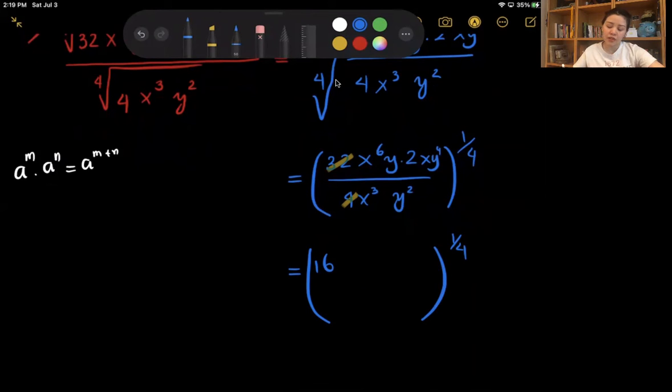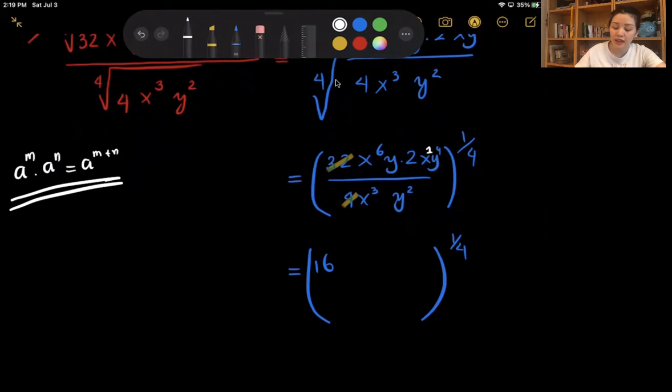And for the exponents, x to the 6 times x to the first, right? Remember one of the rules of the exponents, if you multiply two variables with the same base, all you have to do is add the exponents. Here's the rule, right? If I have a to the m times a to the n is equal to a to the m plus n, right?